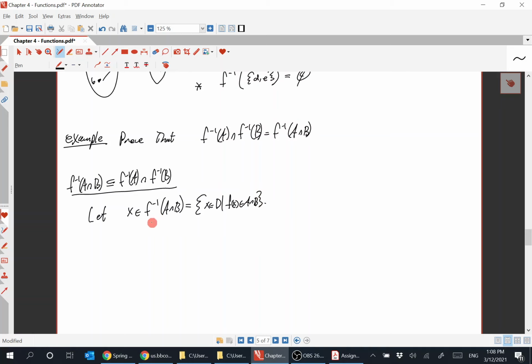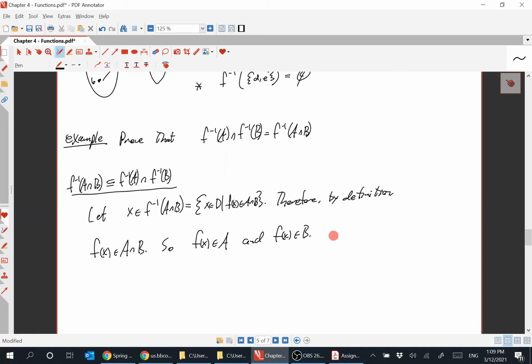All right, let x be an element of the preimage of A intersection B, therefore by definition, f of x is an element of A intersection B. So f of x is an element of A and B, since it's in the intersection of A and B. Therefore what?